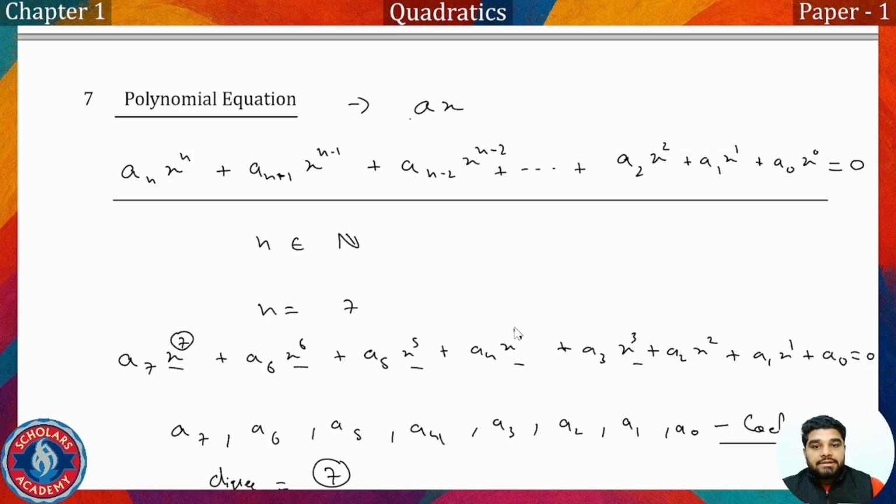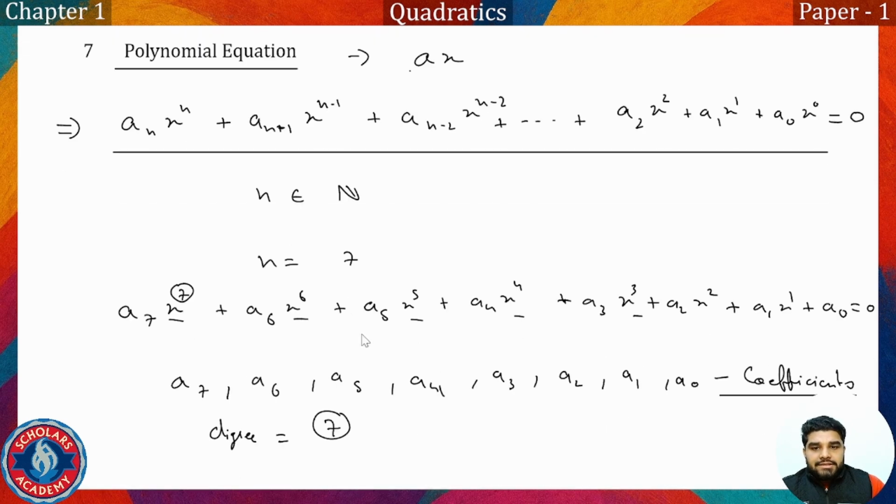We write this polynomial equation, the general way of writing it is, the general equation is this, in which the a_n's are the coefficients. x has power n. We are adding all these terms and equating it with 0. n belongs to natural numbers. The general example is this.